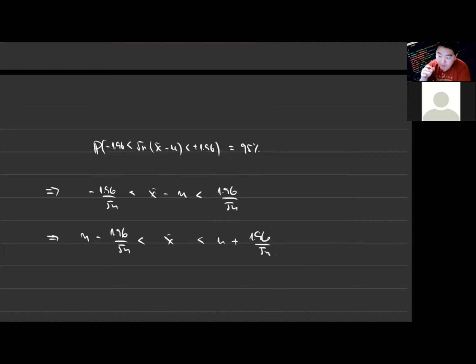I'm not doing anything crazy. I'm just moving all the pieces out from the middle and putting them on the left and right-hand side, so that the middle is left with x bar. So now you get the idea. What's the confidence interval, the upper and lower bound, in order for us to achieve this 95%? This is where it comes from.